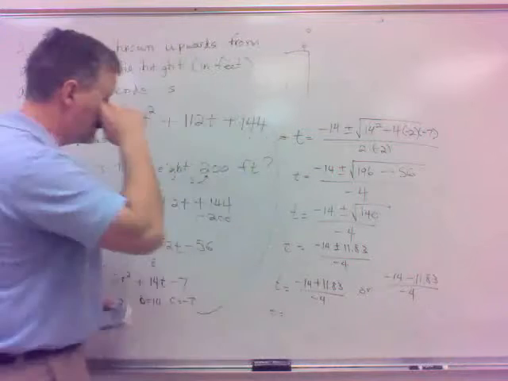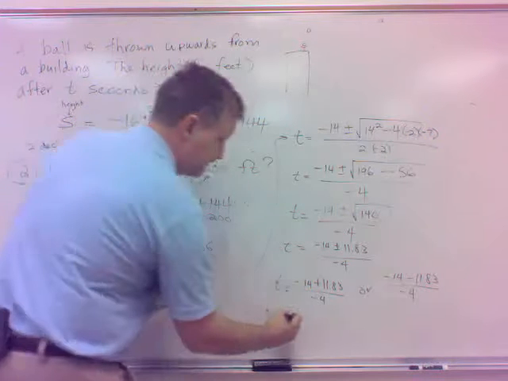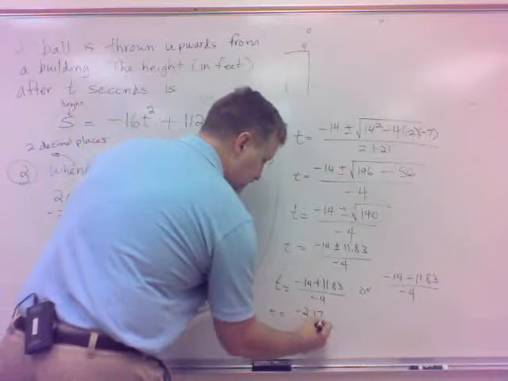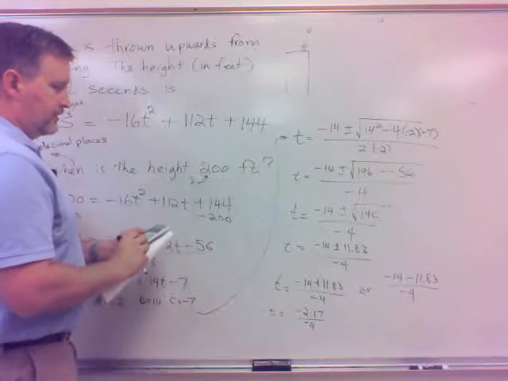What does that do for us? Well, negative 14 plus 11.83, isn't that negative 2.17, divided by negative 4? Isn't that right? Check me on that. I think that's right.